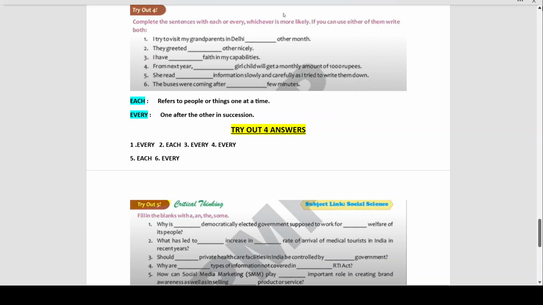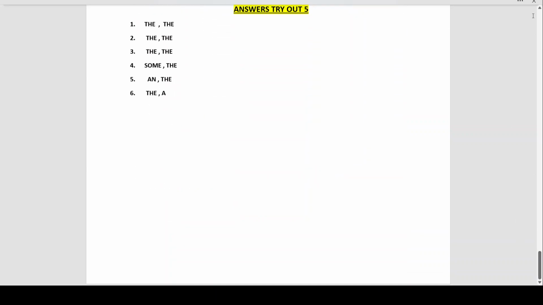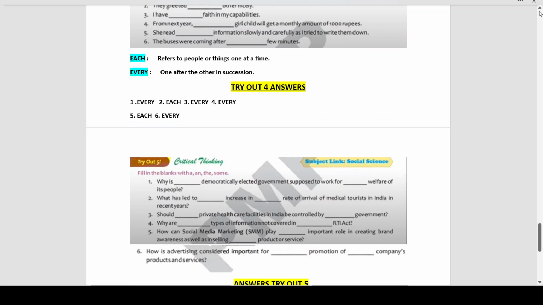Next, try out five. Fill in the blanks with a, an, the, or some. Now, why is a democratically elected government supposed to work for the welfare of its people?